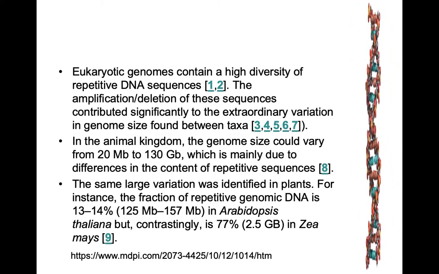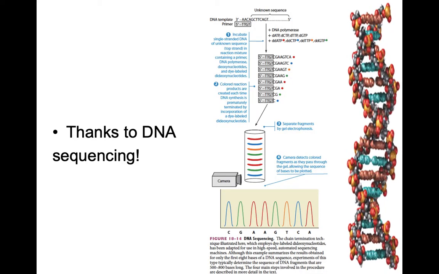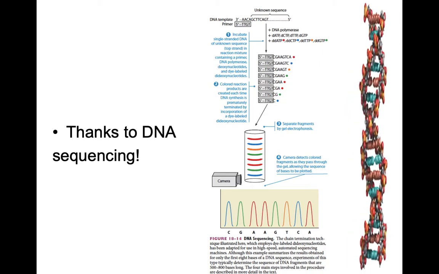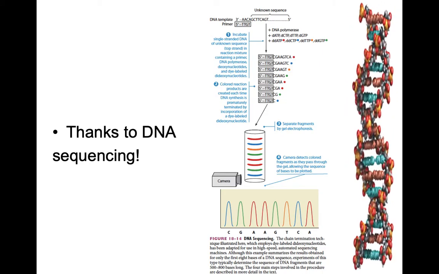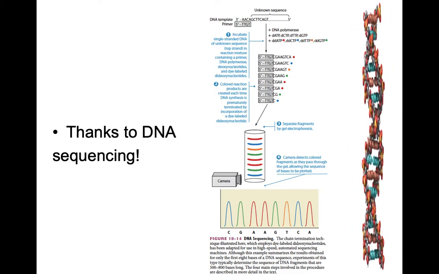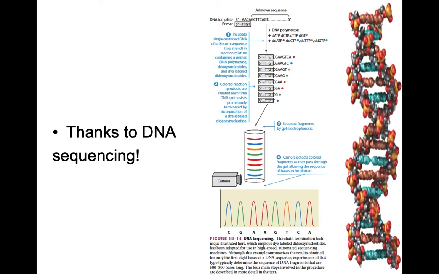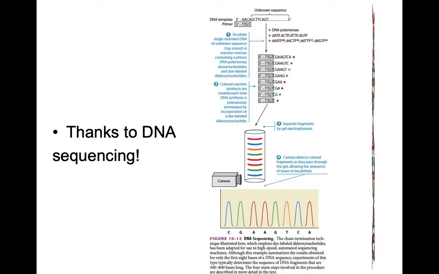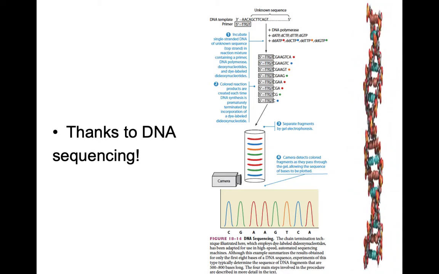Of course, we have technologies such as DNA sequencing. So a lot of the things that we know about DNA of eukaryotic organisms and prokaryotic organisms are hinged on the discovery of a technology where we are able to sequence DNA segments or the whole genome of a specific organism.